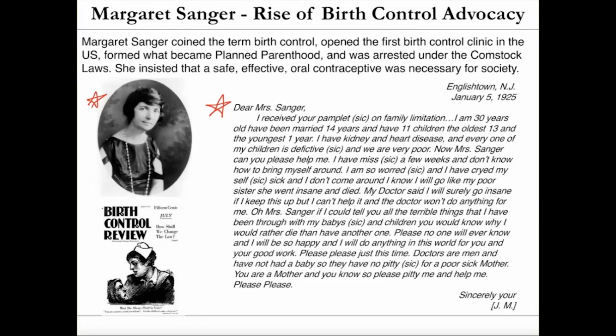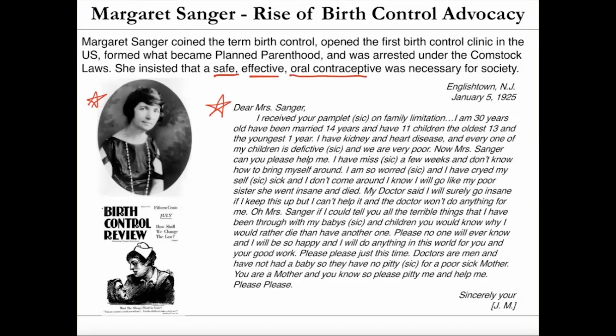So Margaret Sanger, although she was trying to get good information on birth control methods at the time, like condoms, with the invention of vulcanized rubber, and after World War I, condoms did become more available. But one thing she insisted was needed by society was a safe, effective oral contraceptive, or oral form of birth control. She saw this as the best way for women to control whether and when they get pregnant.